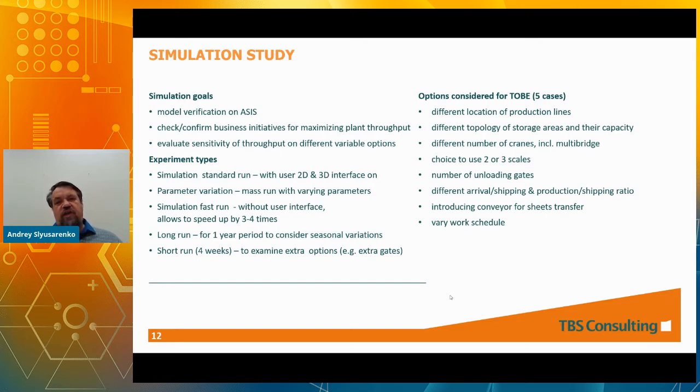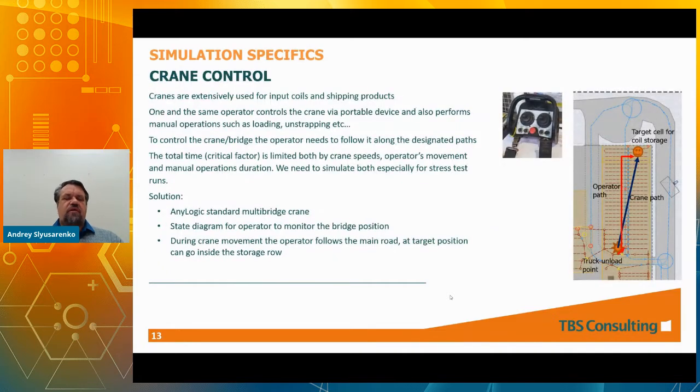And for 5 cases, with different locations and numbers of production lines, we investigated the effect of using different numbers of cranes, multi-bridge cranes, so single bridge, several numbers of scales, varying number of unloading gates, different shipping ratio, advantages of installation of the conveyor instead of forklifts and cranes, and many other things.